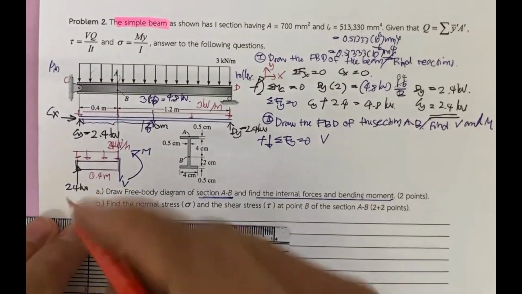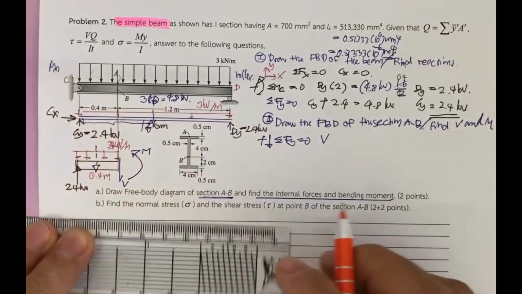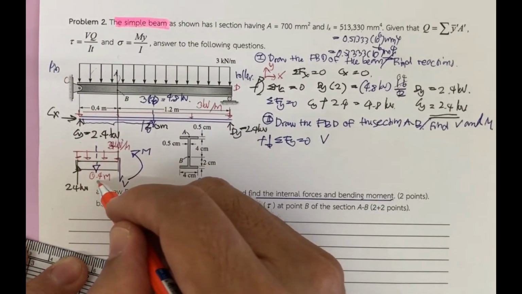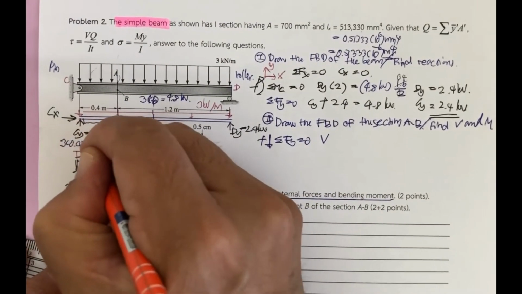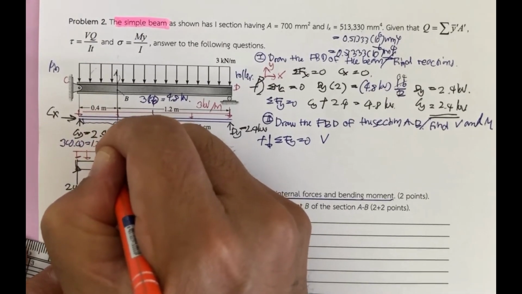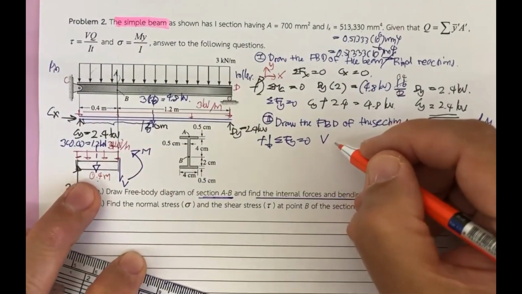This one will have the resultant force, again equal to area. That is going to be 3 times 0.4, that is going to be 1.2 kilonewton. And then this is going to be downward, right?